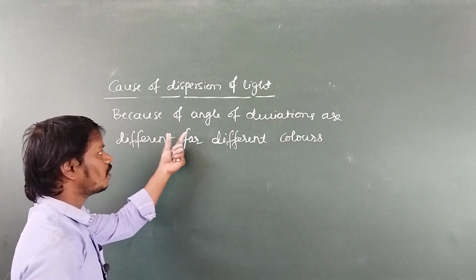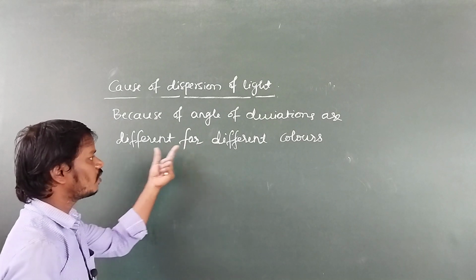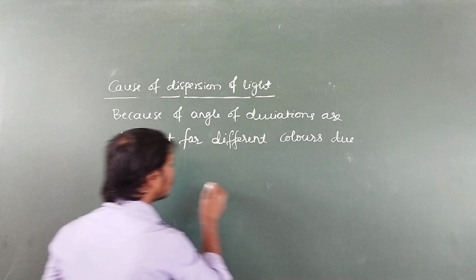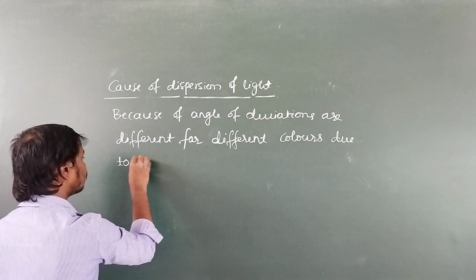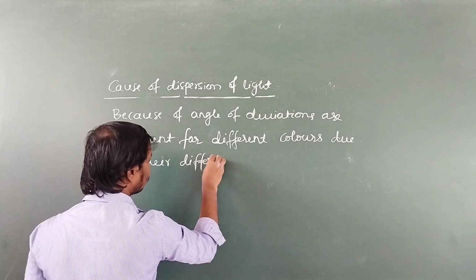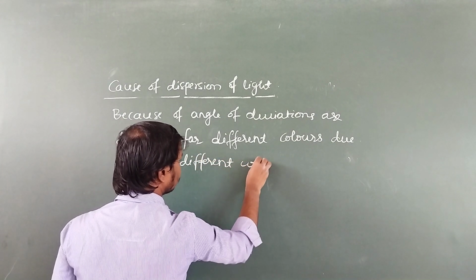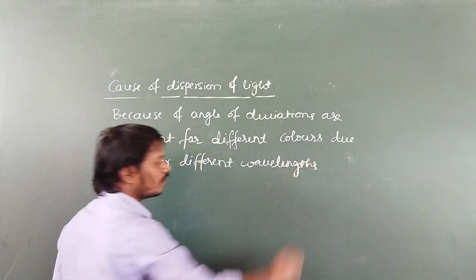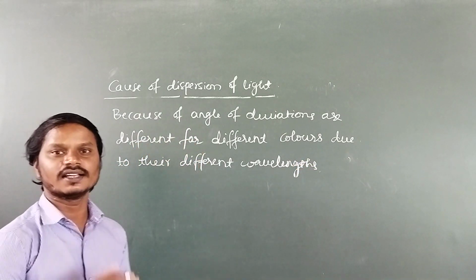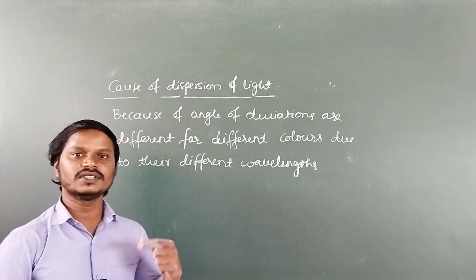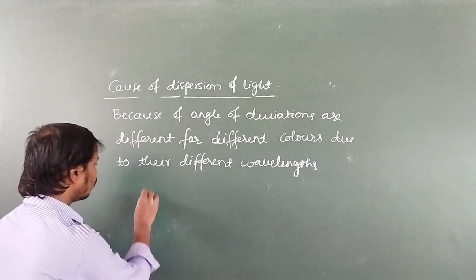So angles of deviation are different for different colors due to their different wavelengths. Already I said that angle of deviation is directly proportional to refractive index and angle of deviation is inversely proportional to wavelength.